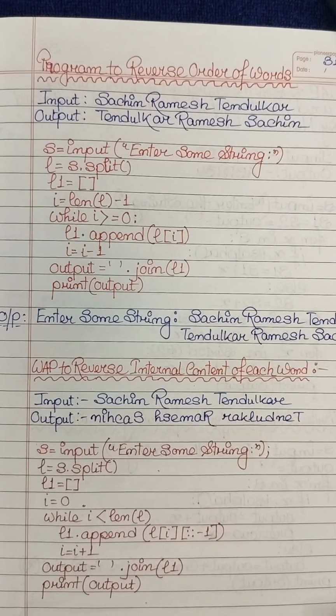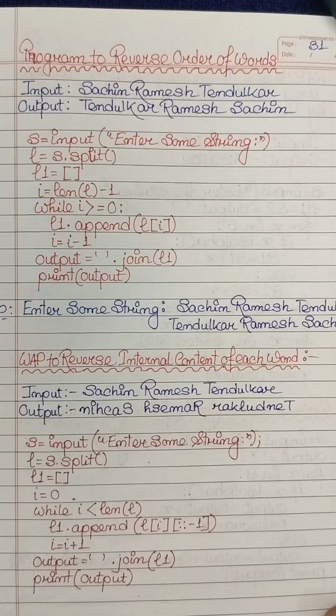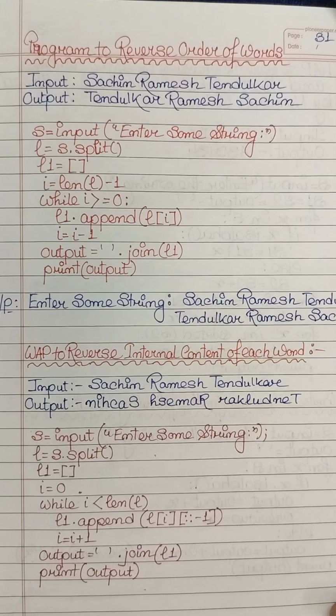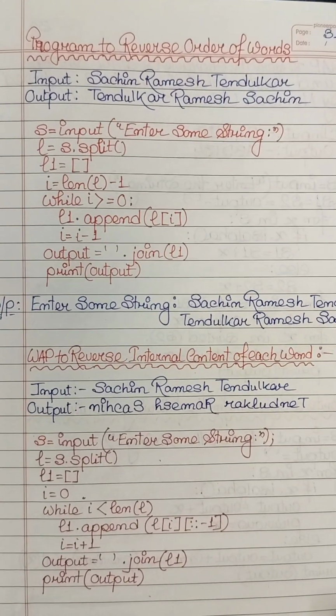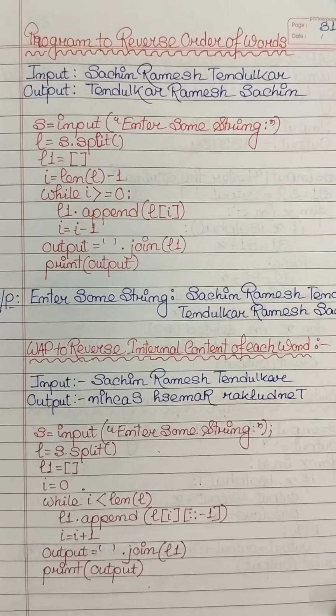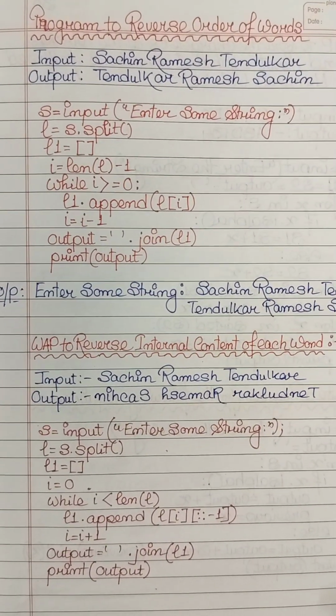For example, if we input Sachin Ramesh Tendulkar, the output will be Tendulkar Ramesh Sachin. So what will be the code in Python? I am going to show it.